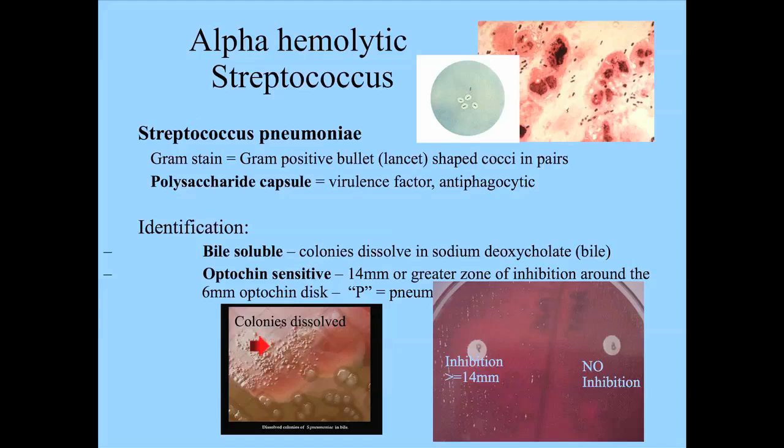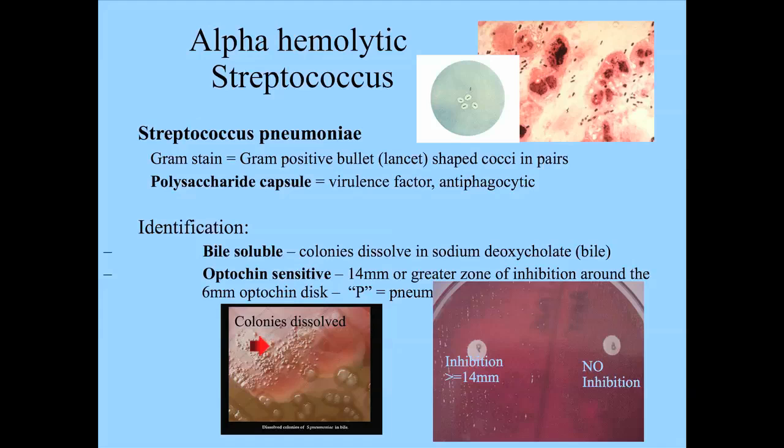On the right-hand side below is optochin sensitivity. Optochin is ethylhydrocupreine hydrochloride. It is a biochemical sensitivity, not an antibiotic or any other thing. It is a chemical sensitivity test. That P-disc, which stands for pneumococcus, contains this optochin chemical, and you test for whether it has a zone of inhibition or not.